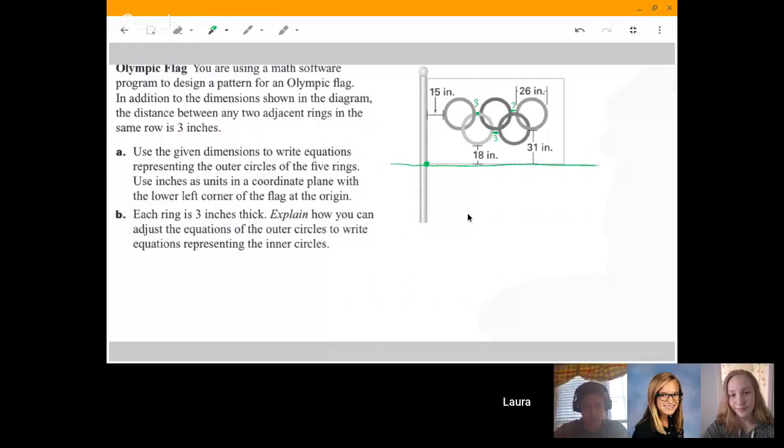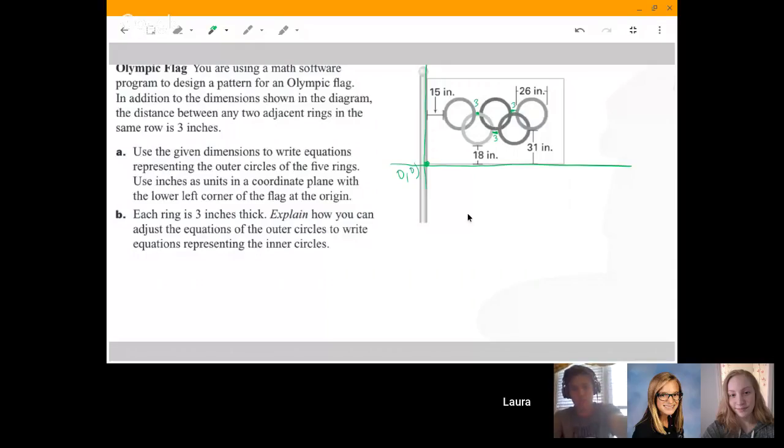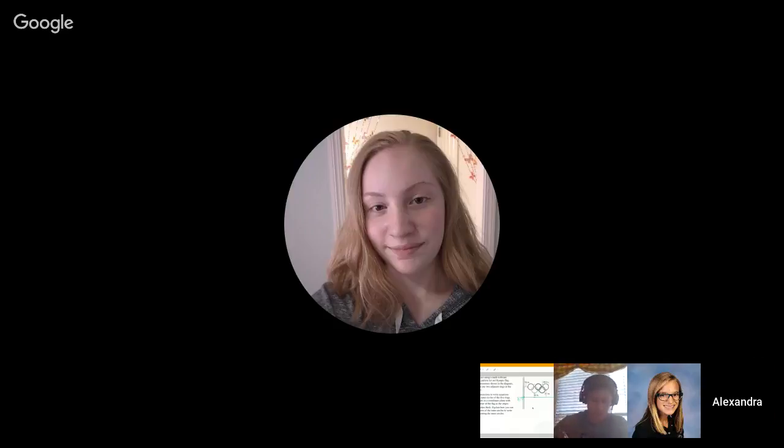You're thinking of this like a coordinate plane where this is 0, 0. And it wants us to write equations of each of these circles. So you have to figure out where the center of each circle would be on the coordinate plane. Does that make sense? Yeah. Okay. Yes.